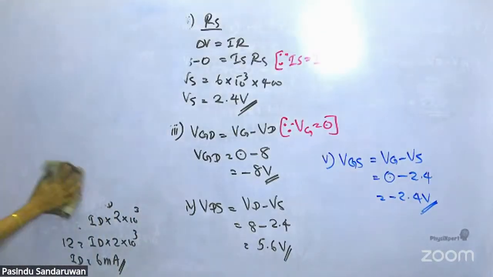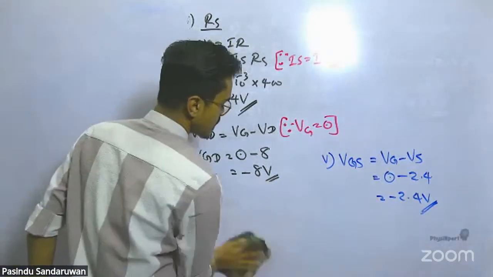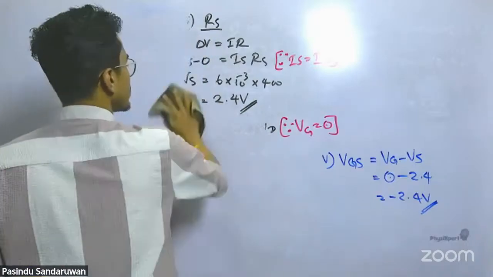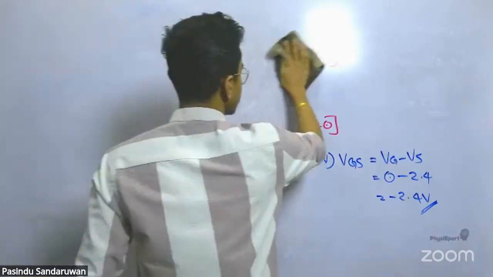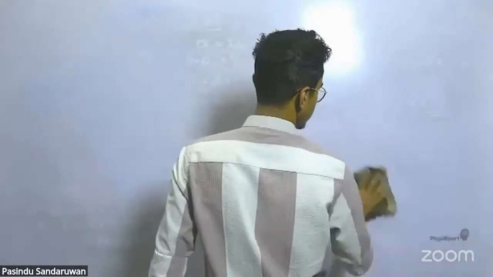Right. So you have to do what I say again. Draw an NJFET at the center. Keep some space above also.